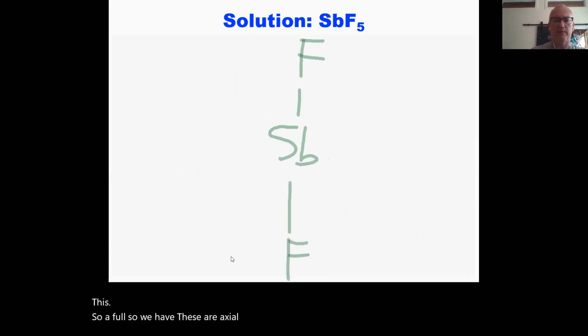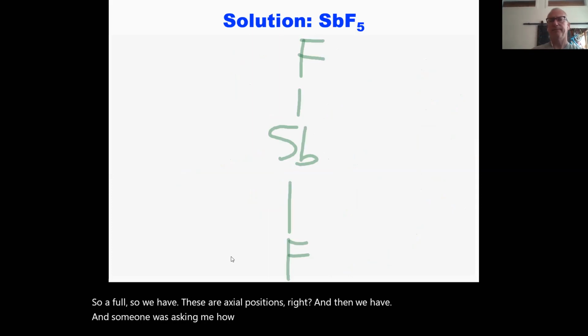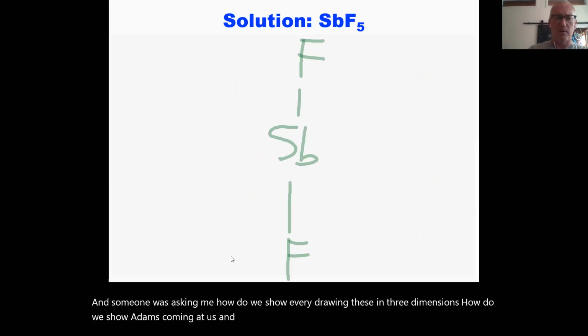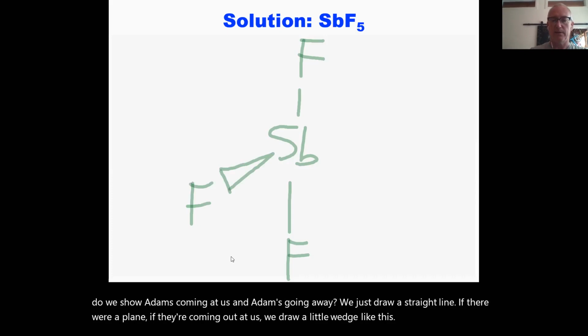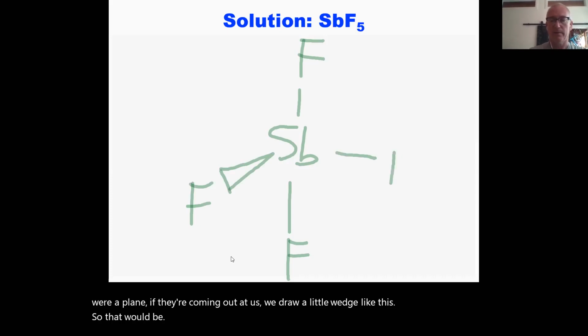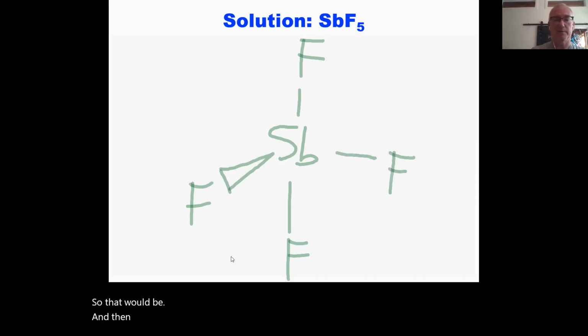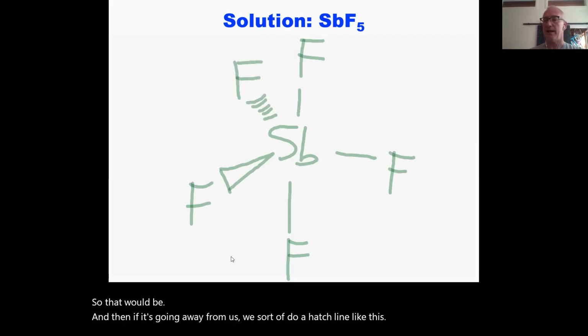And someone was asking me, if we're drawing these in 3 dimensions, how do we show atoms coming at us and atoms going away? Well, we draw a straight line if they're in a plane. If they're coming out at us, we draw a little wedge, and if it's going away from us, we draw a hatched line like this.